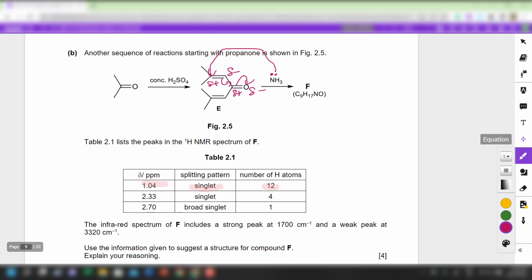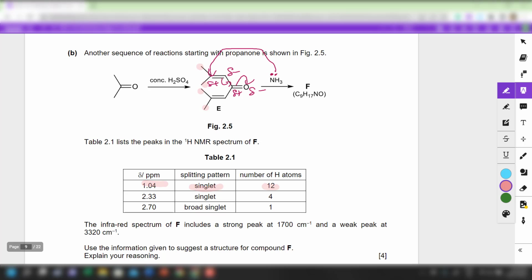If I try to correlate this, can you see that these 4 CH3 likely remain intact in the product F? That means they are quite isolated, likely bonded to a carbon with no proton to split them up.